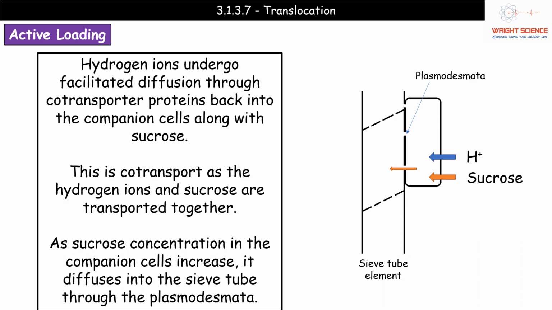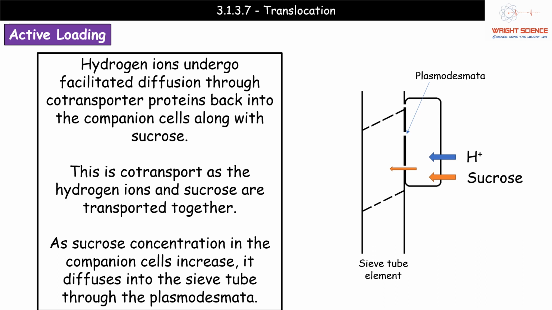Now, when the sucrose enters the companion cell, the sucrose concentration is going to increase, and therefore we've got a higher concentration of sucrose in the companion cell than we do in our sieve tube element. Therefore, it just diffuses into the sieve tube through those little pores, the plasmodesmata.